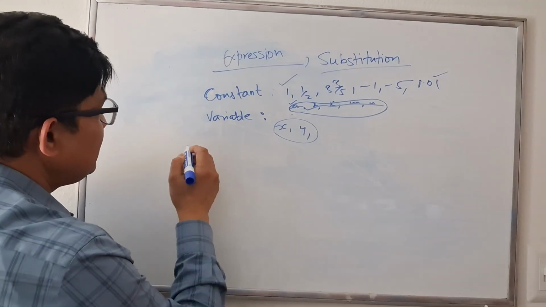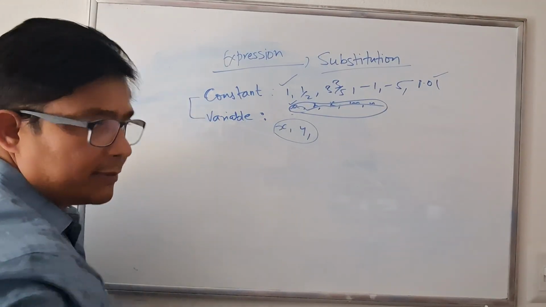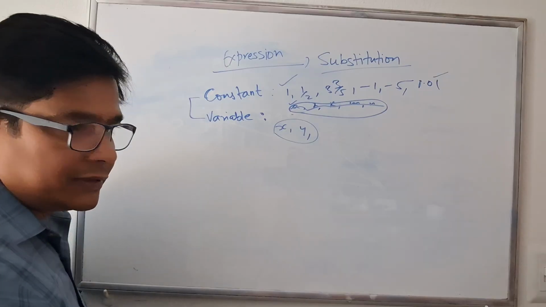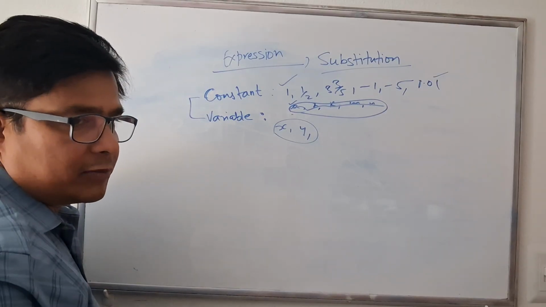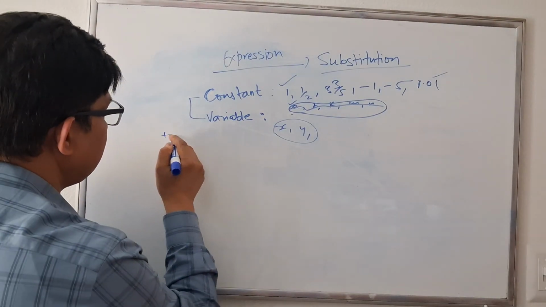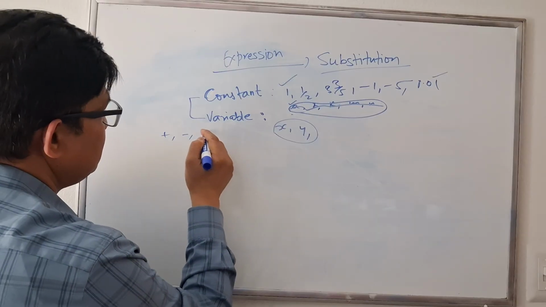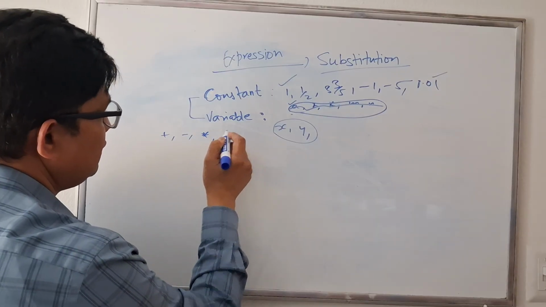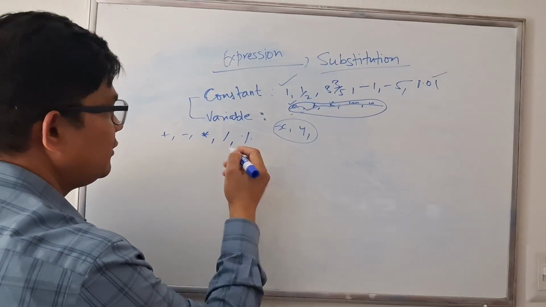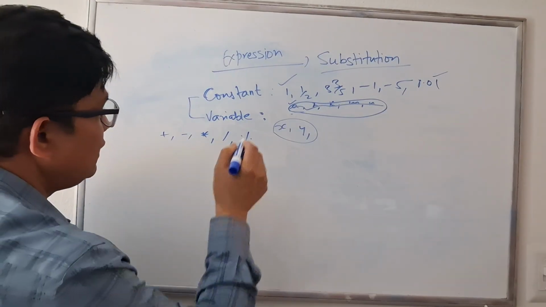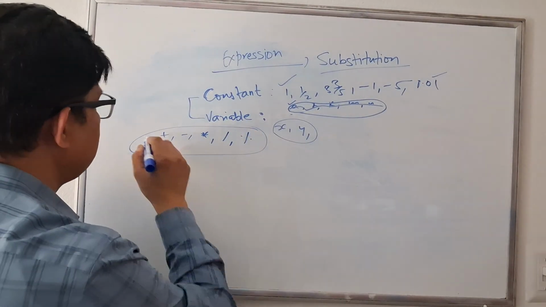So an expression can have constants and variables with mathematical operations. What are the operations? Plus, minus, multiplication, division, percentage, or whatever. These are the mathematical operations.